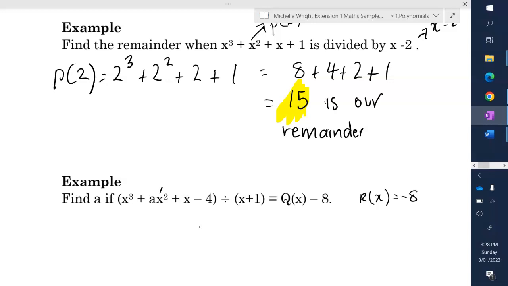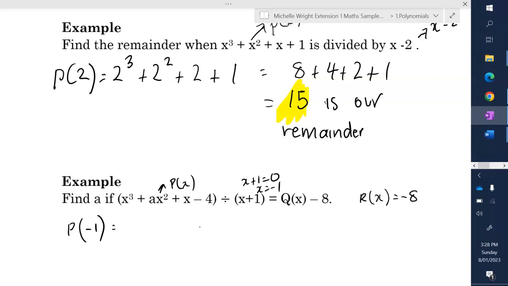So if this is my polynomial, p of x, if I'm going to find out what p of minus 1 is, because I know I'm dividing by x plus 1, so x plus 1 equals 0. So x is equal to minus 1. That's my minus 1 in there.